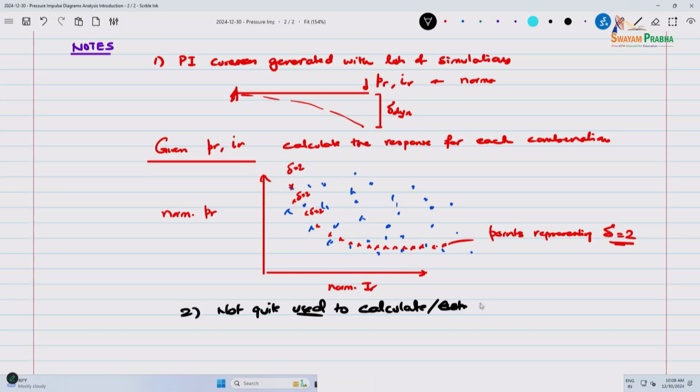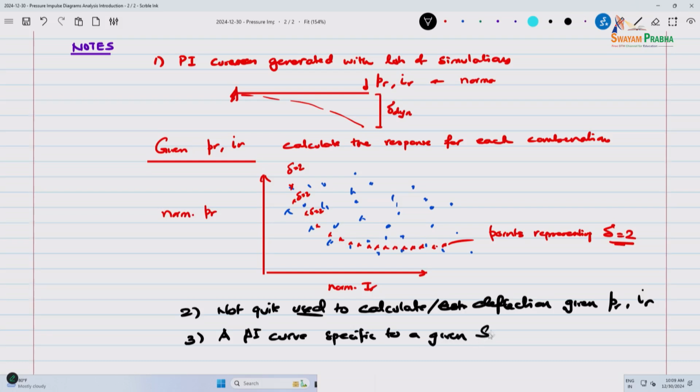We can estimate deflections given a PR and IR. And third, a PI curve is specific to a given structure, including the material and geometric properties.